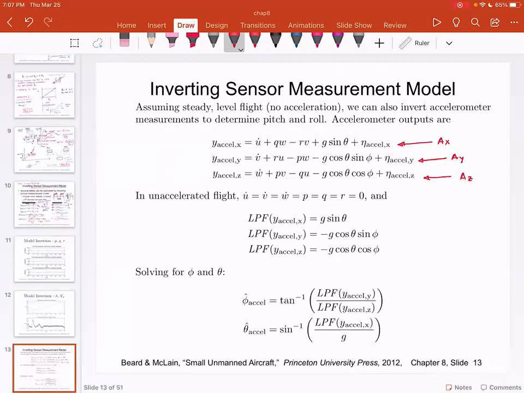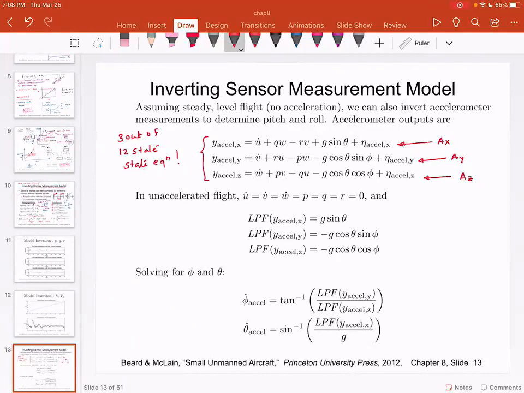These are nothing but your equations of motion. Out of the 12 state equations that we studied so far, I'm just stating here 3 of them. So that is exactly what is happening.